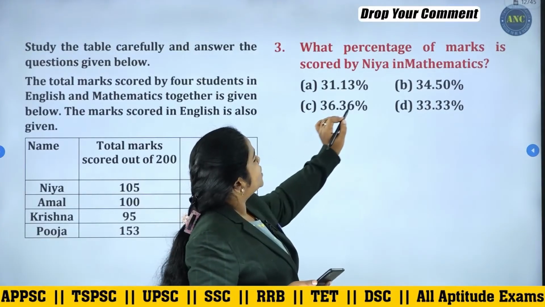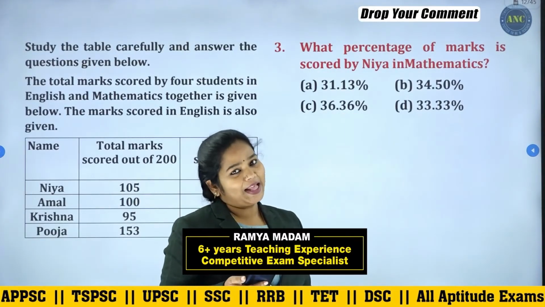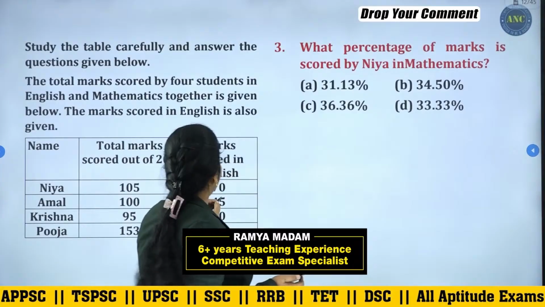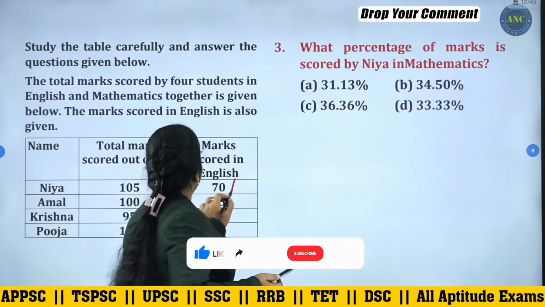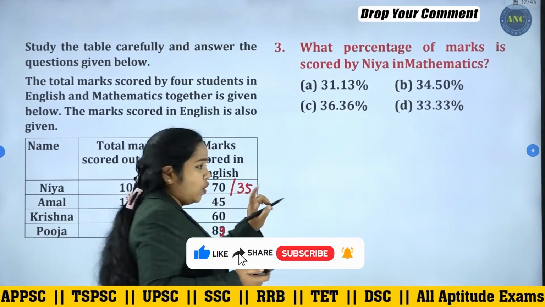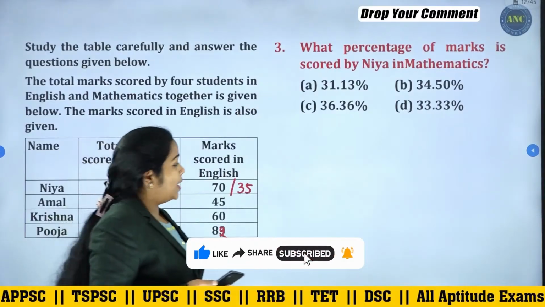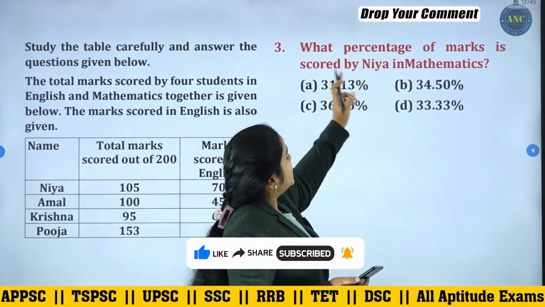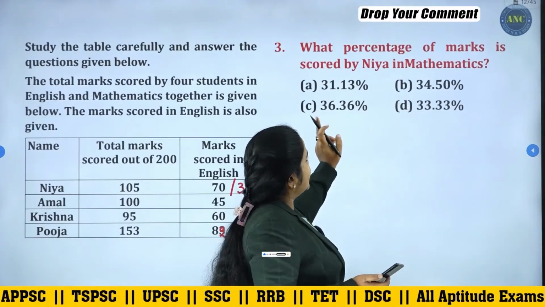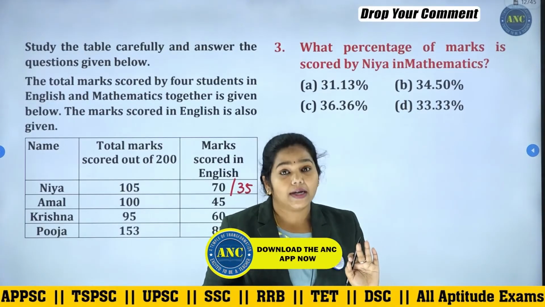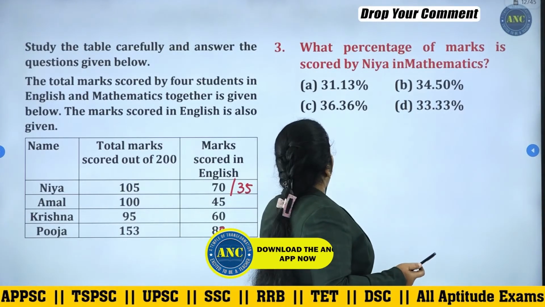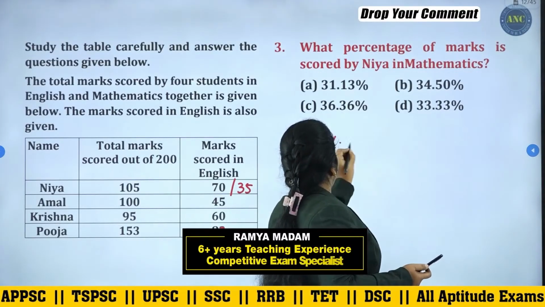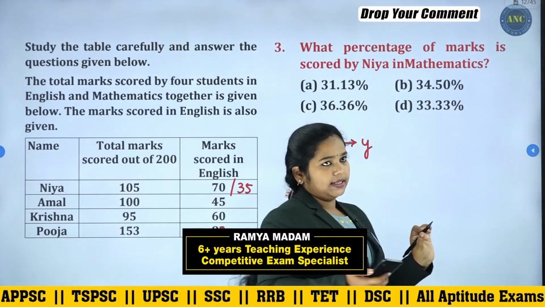What percentage of marks is scored by Nair in mathematics? Okay, so in mathematics, how many marks did Nair get? 35. No, we already calculated in the first question. So now they are asking, what percentage of marks is scored by Nair in mathematics? Percentage of X according to Y. That's what they are asking.